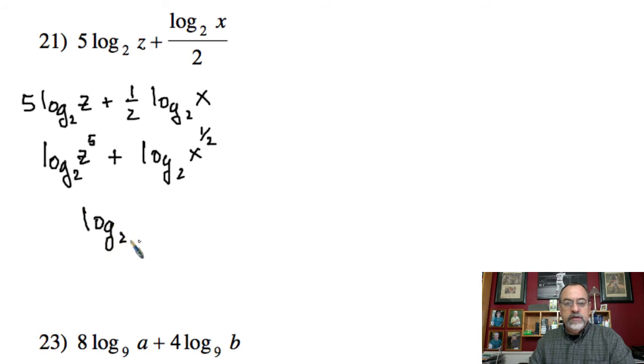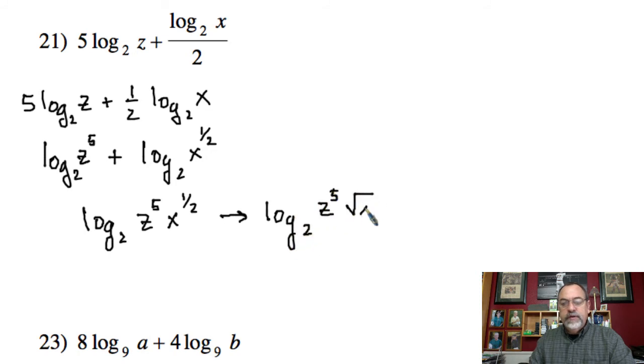So the single log is log base 2 of z to the 5th times x to the 1/2. But again, this fractional exponent, we want to change into its root. So this is log base 2 of z to the 5th times the square root of x. This would be the condensed version of number 21.